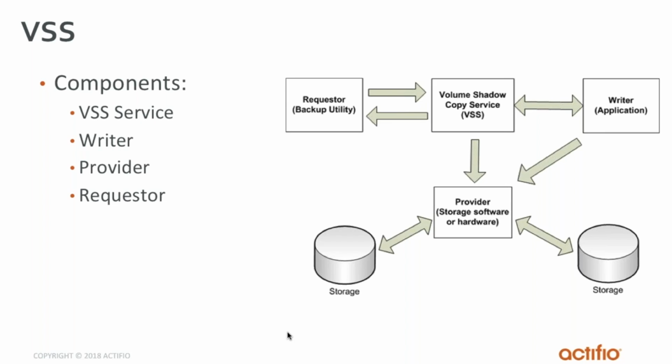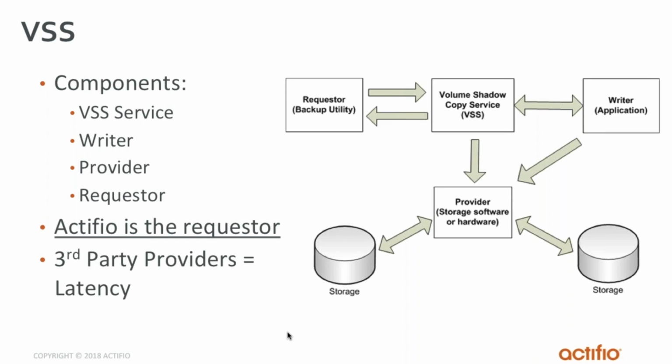And then, of course, the final is the requester. The requester is what's initiating the whole process and asking the VSS engine to create a snap or delete a snap, etc. The way that we use VSS, Actifio is the requester and the requester only. And this is a really important differentiation because so many third parties provide the provider.